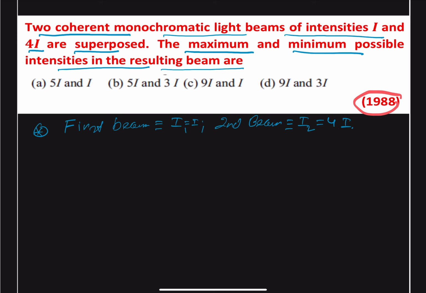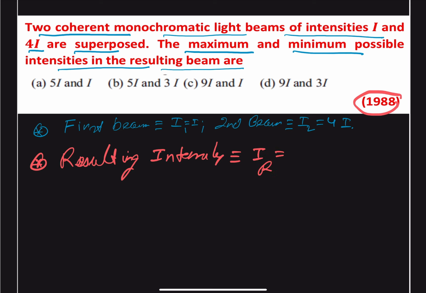And the resulting intensity, that is our I resultant, will be equal to I1 plus I2 plus 2 square root of I1 I2 cos of phi. And we have to find out the maximum and minimum possible intensities.